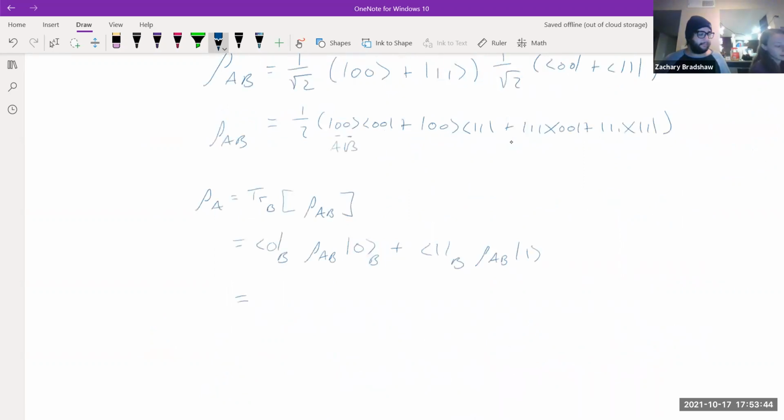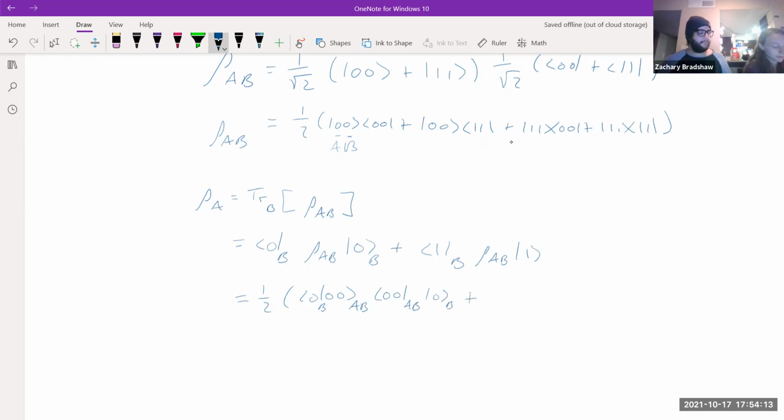Okay, so we're going to say, where does this give me something that's non-zero? So 1/2. Bob has 0 in both of these, so you'll have 0 on Bob. This is going to look very messy at first. I'm just going to distribute this through.